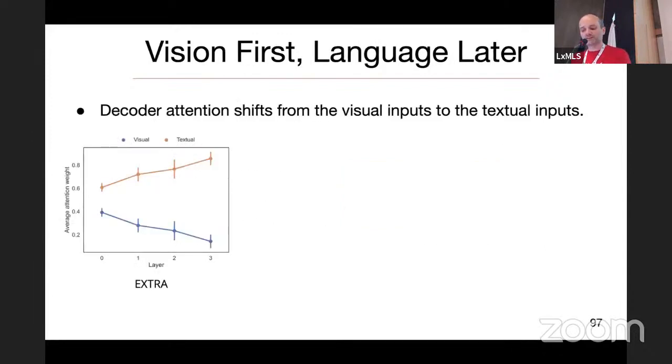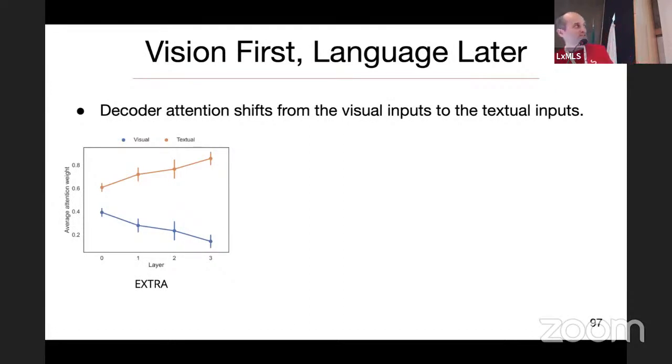In terms of trying to understand how this model works, we can think about what's happening in the attention mechanism in the decoder. And so Rita did this really nice analysis where for each time step in the decoder, and each layer in the decoder, we look at whether the model is on average paying more attention to the visual output embeddings from the multimodal encoder or the textual output embeddings.